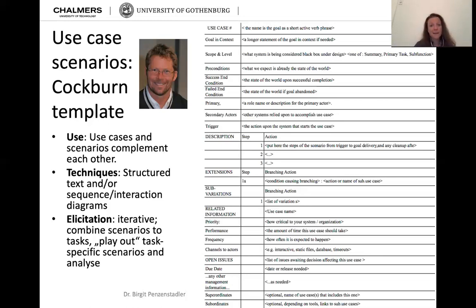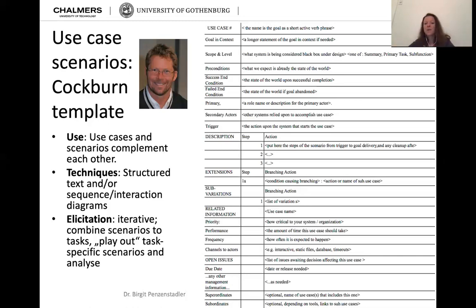I am clearly not a domain expert on lottery tickets, forgive me. But you get the idea. If there is a branch and we go different paths before we go back together, then that's a subvariation. If you have one continuous line of action and there is one extension over here, one path that you could choose in addition or not, then we're talking extension.